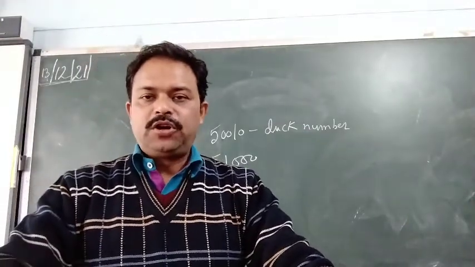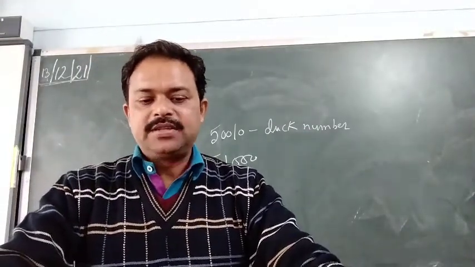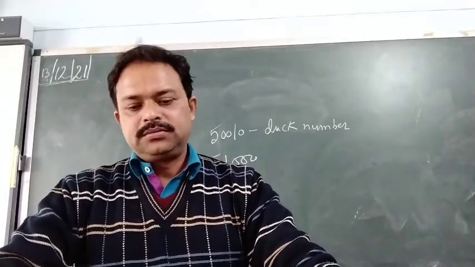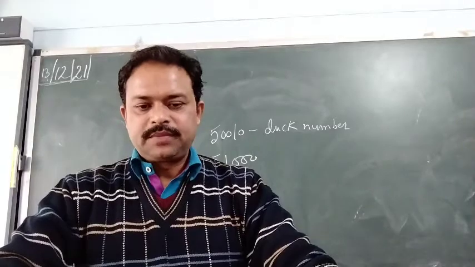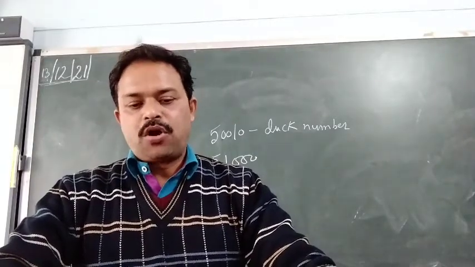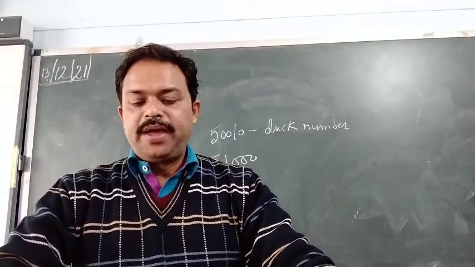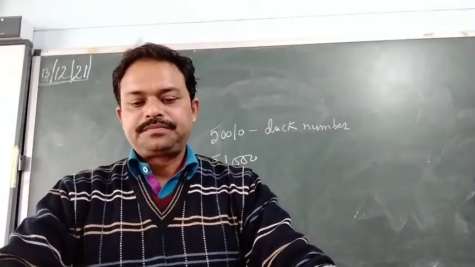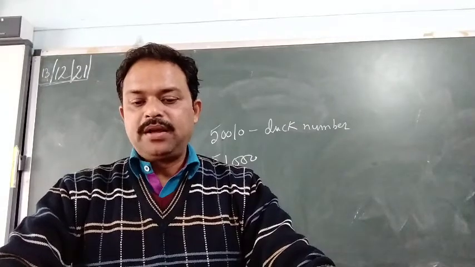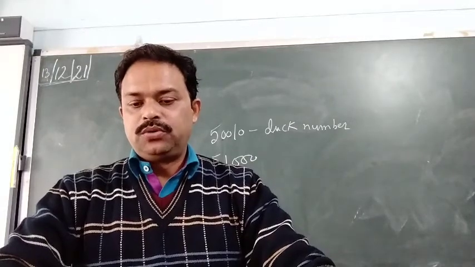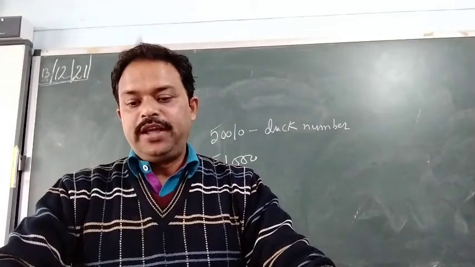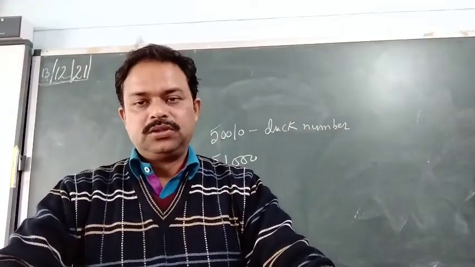In order to do this question, we have different functions. Read number, which will take the number from the user. Check duck, which will check whether it is a duck number or not. Then we have to make another function, shift. What this function is going to do is shift all the 0 of the number to the right side, but only if it is a duck number.